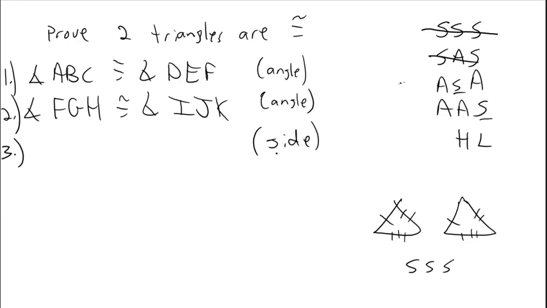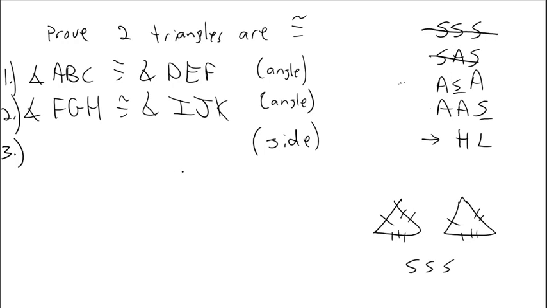That's a little trick you can use as well. You can kind of use process of elimination. In the proof you need to have three things congruent to three other things to be able to use one of these methods. Unless you're dealing with right triangles, then with hypotenuse and leg, we only need two things. But typically it's going to be one of these first four.